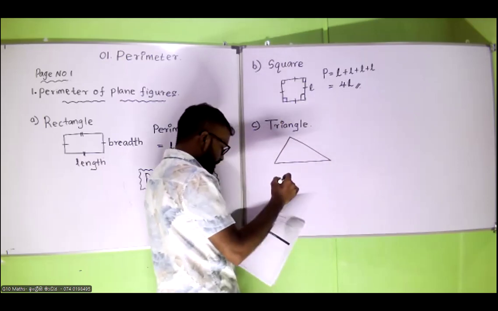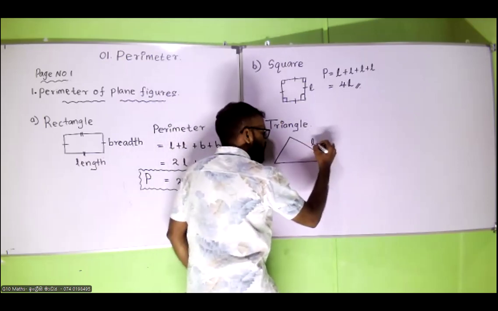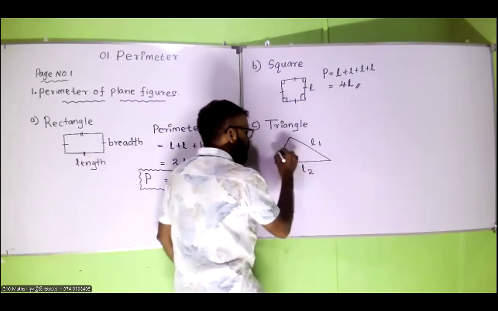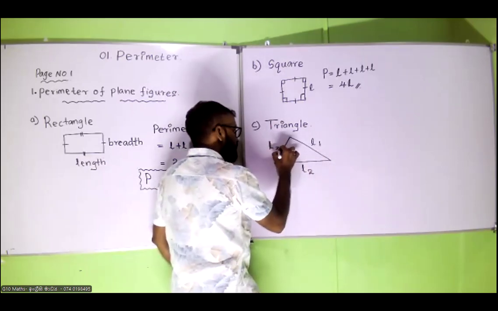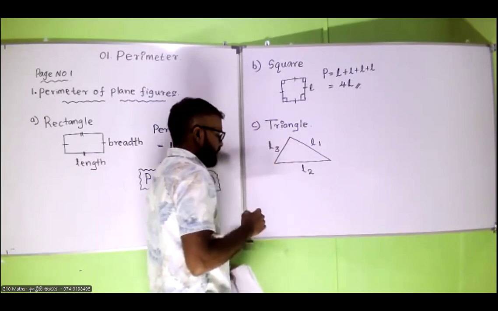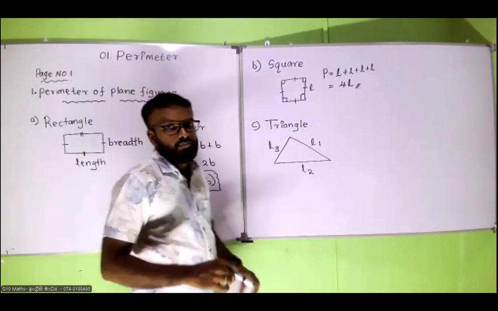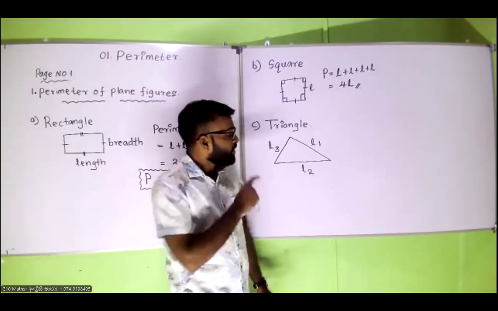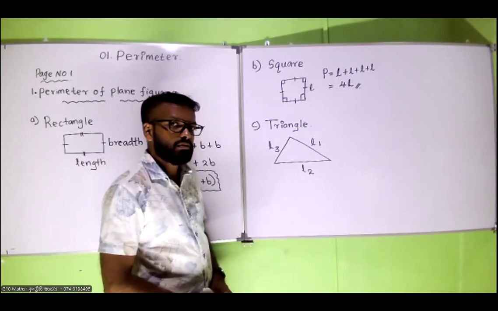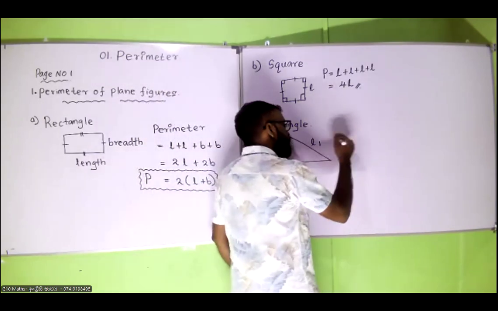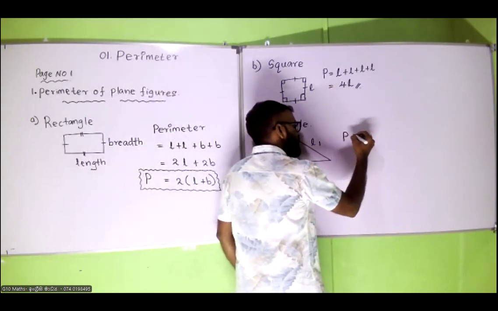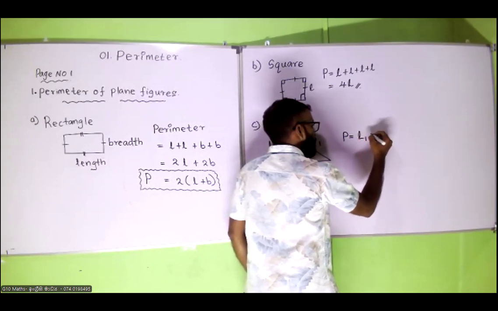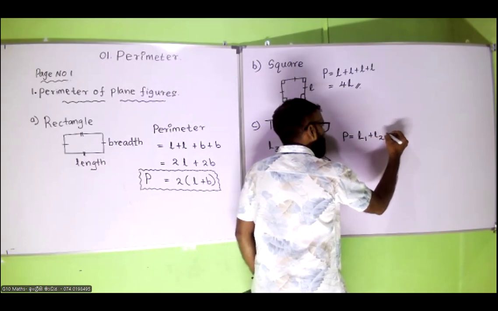This triangle has three different lengths, L1, L2 and L3. How are we going to write the perimeter of this triangle? Normally, if you have three sides for a triangle, it would be L1 plus L2 plus L3.